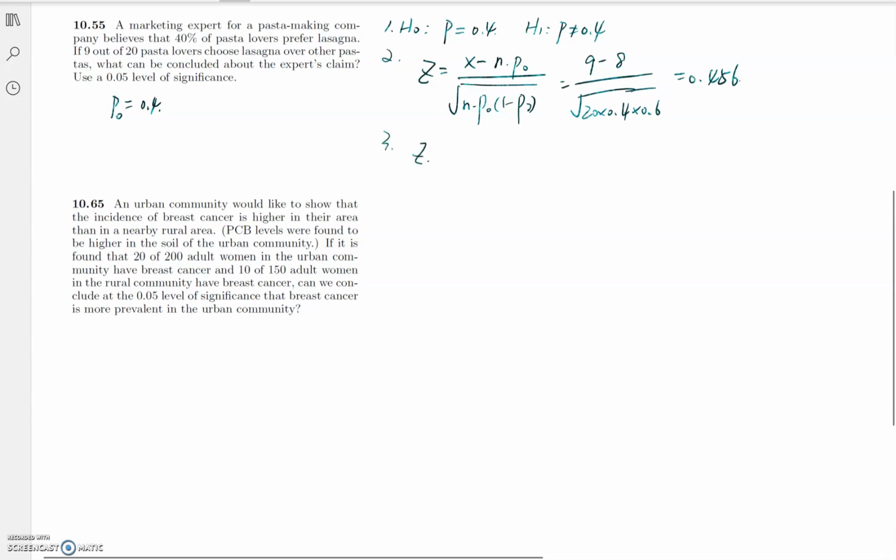So Z alpha over 2 equals 1.96, and minus Z alpha over 2 equals minus 1.96.